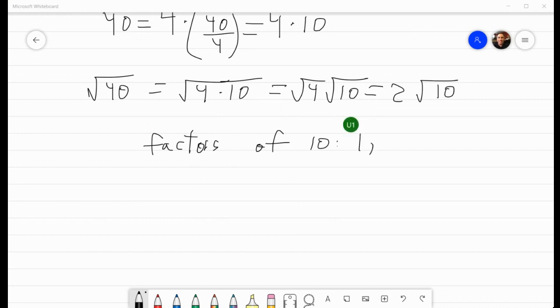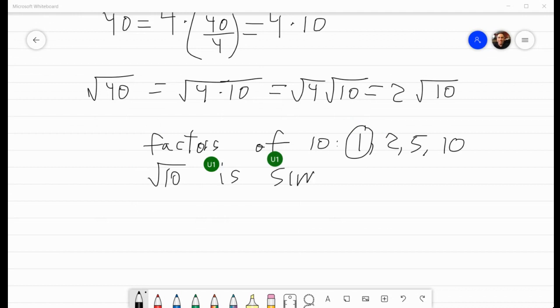We get 1, we have 2, 5, and 10. So the only factor of 10 that's a perfect square is 1. So because of that, the square root of 10 is simplified.